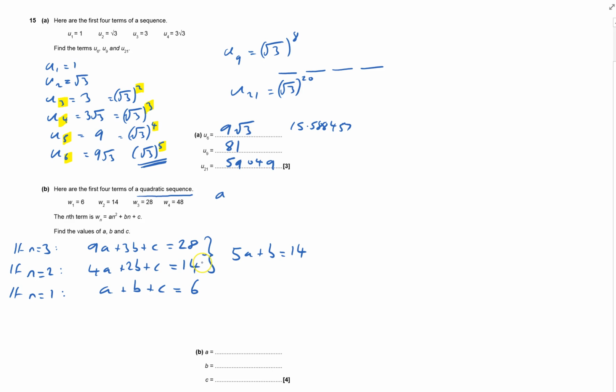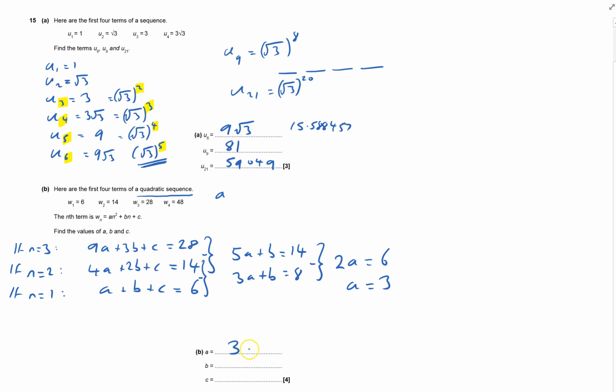And then I'm going to subtract these 2 to get rid of the c's, and that will give me 3a plus b equals 14 take away 6 is 8. That's great. And now I can get rid of these b's by subtracting. So I'm going to take these 2 equations and subtract them, and that will give me 2a, no b's, equals 6. 14 take away 8 is 6, and therefore a equals 3.